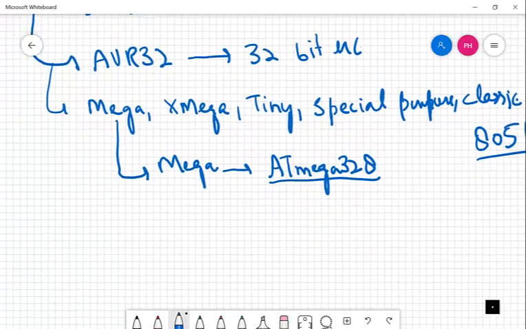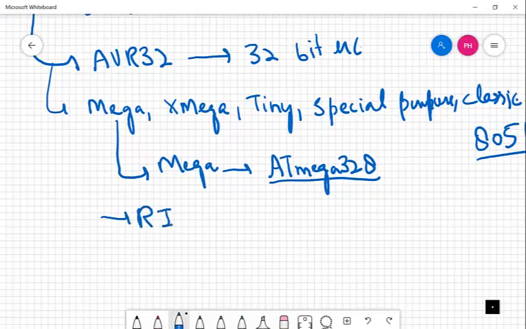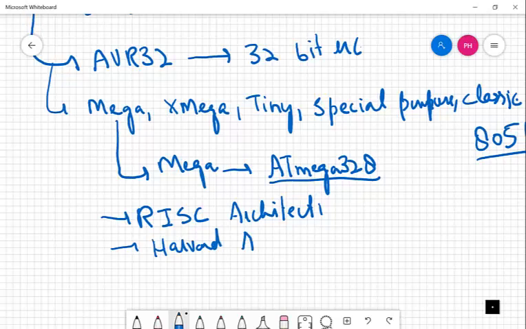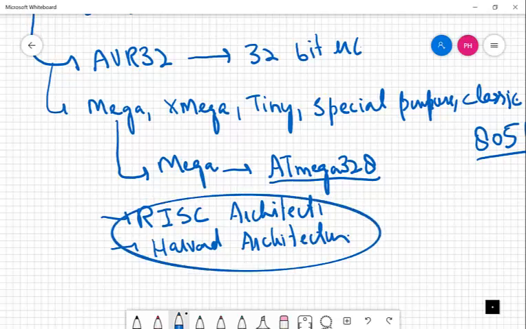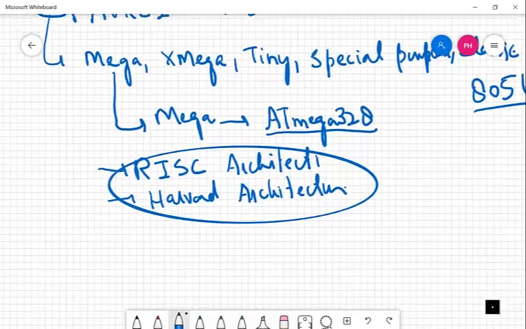All AVR microcontrollers have something which we call RISC architecture, and Harvard architecture. It has RISC plus Harvard architecture. We'll be discussing these terms RISC and Harvard maybe in subsequent lectures.